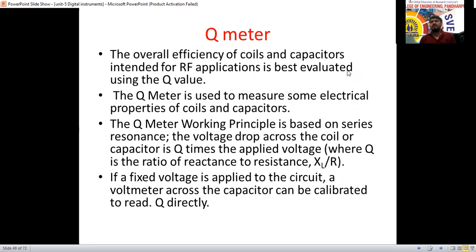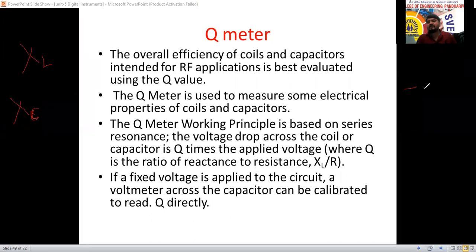We have already derived the Q factor formula in the bridges while calculating unknown capacitance. It is the ratio of reactance to resistance. We discussed inductive reactance XL and capacitive reactance XC.